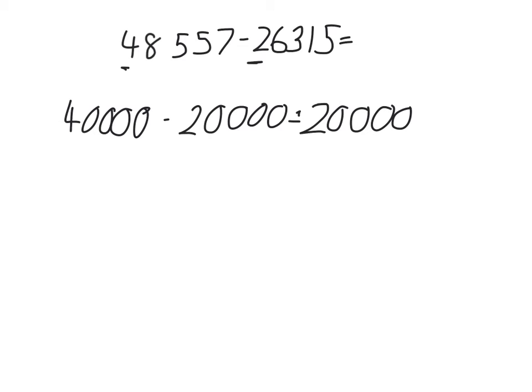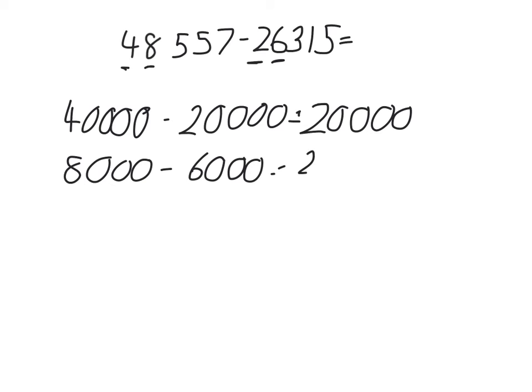Then I need to take away my thousands. So I've got 8,000s here and 6,000s here. So 8,000 take away 6,000 is 2,000. Remember, each time this number is always bigger than this number, or else it's not going to work.